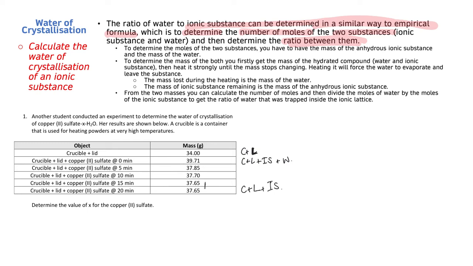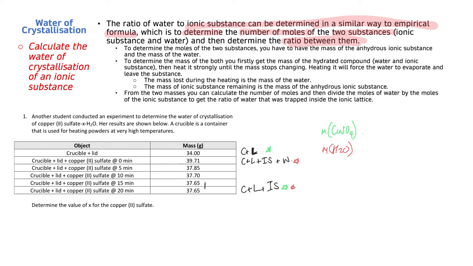So you can use this value and that value to work out the mass of the ionic solid, which in this case is the copper sulfate. Then we can use this value and this value to work out the mass of water. Each of those values is important to help us get something out of it. Let's have a look at these two things.